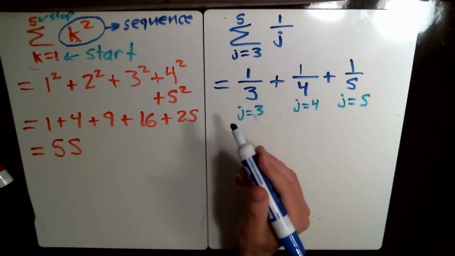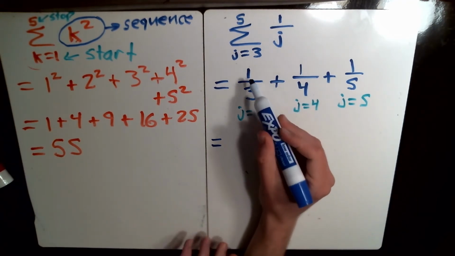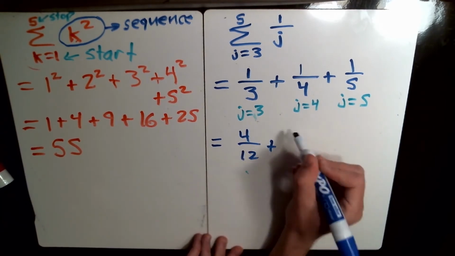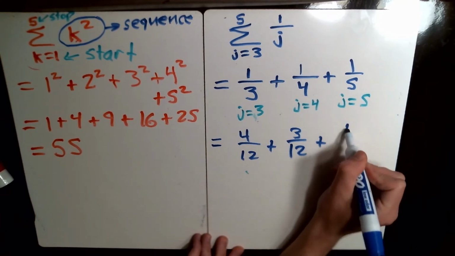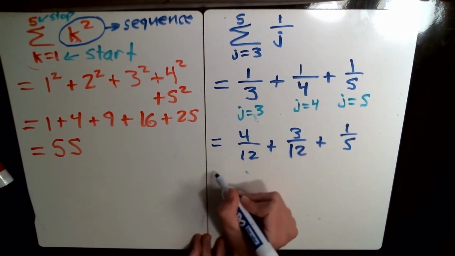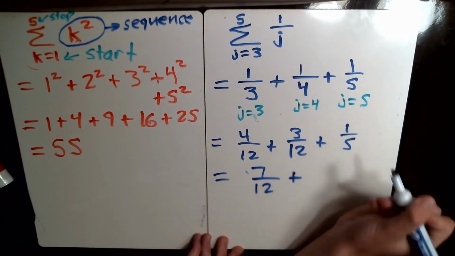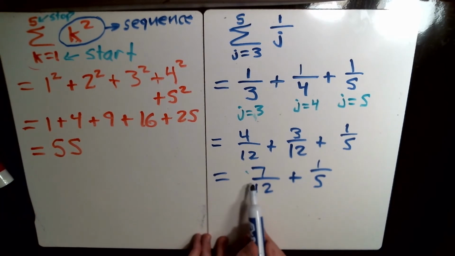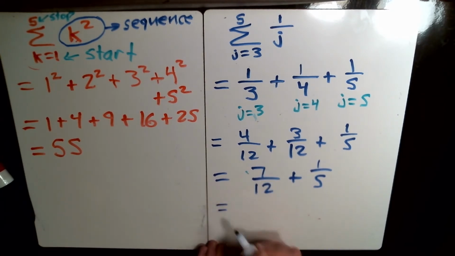This is going to be kind of nasty to do. Let's make a common denominator here. So that's 4/12, 3/12, and 1/5. When we add those two together, we get 7/12 plus 1/5. Let's make a common denominator between these two now. So I'm going to times this one by 5 over 5.